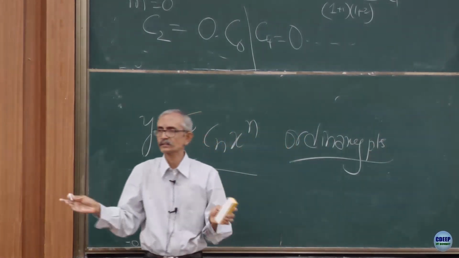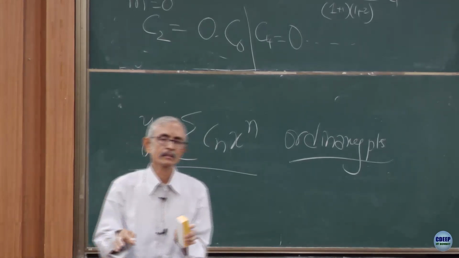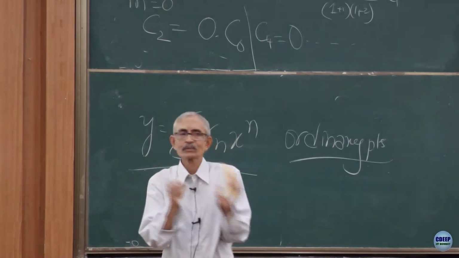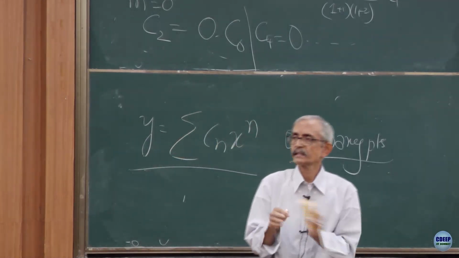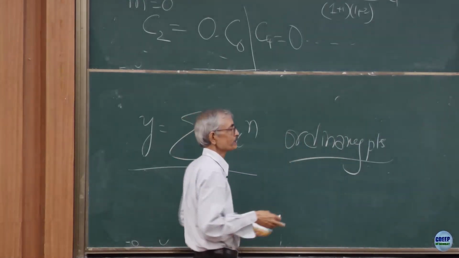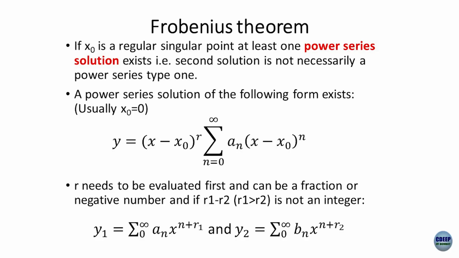The first one was a general example, the second one was the Legendre polynomials which were coming out of that equation, but x was not equal to 1. Then it's fine. The next case we will see is what happens if you have a singularity. If you have a singularity, then this does not work, and we need some additional math to worry about it. We are not going to prove this, we are going to only state it and see how to use it.